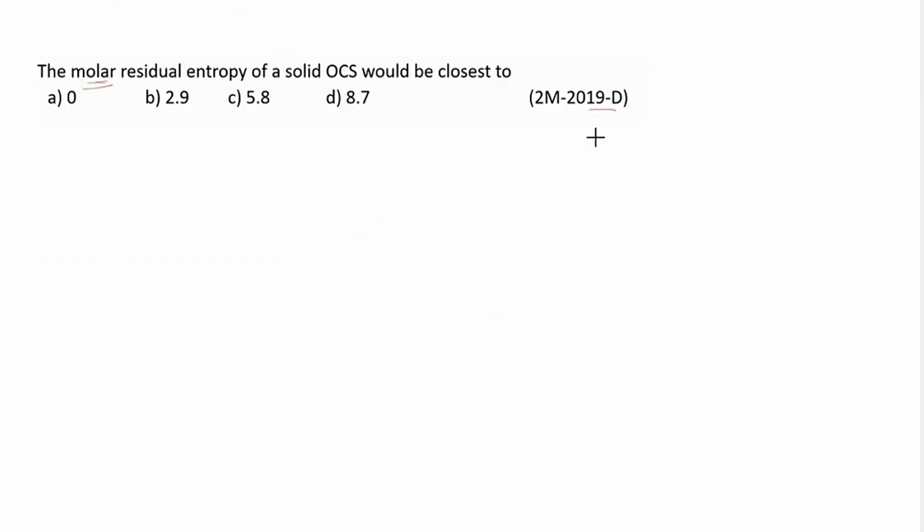Now this problem was asked in December 2019, and it says that we have to find the molar residual entropy of solid OCS molecule. So molar residual entropy, S molar, we can write as R ln W, and W is the thermodynamic probability.